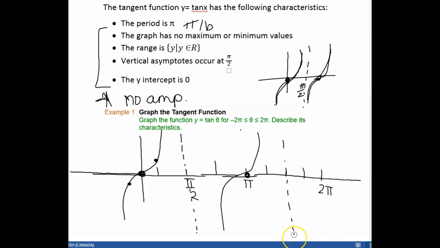Halfway in between is this. And then you just draw another one. Okay, so tan graphs aren't that complicated because they don't have a lot to them.